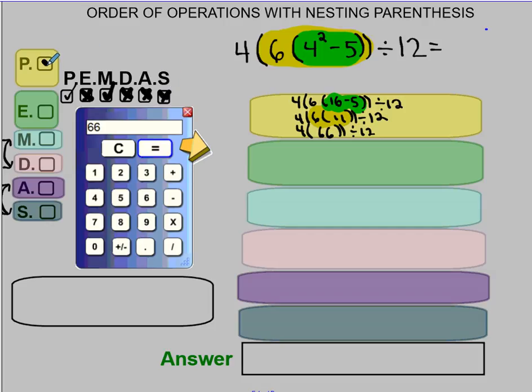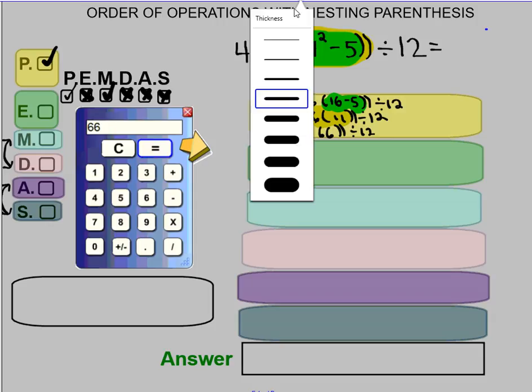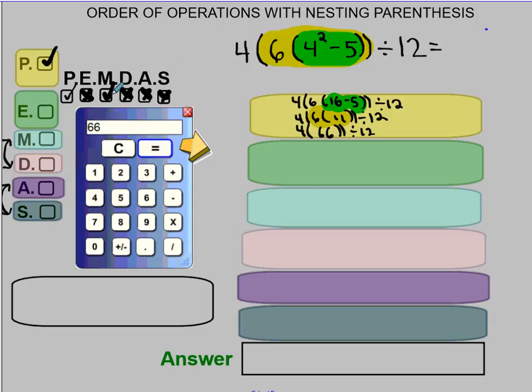So our original parentheses are done. Now we can move on to the next part of our problem, which is exponents. We don't see any exponents there. There was an exponent in the parentheses within the parentheses, but not in the rest of the problem. So we're going to mark an X. We have no exponents. Now let's go to multiplication.